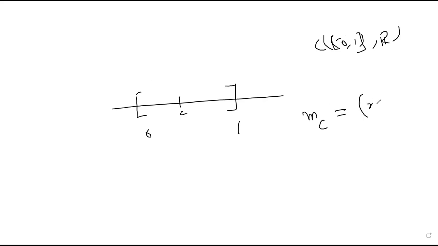Look at the compact space [0, 1], and then look at C[0,1], the ring of all continuous functions from [0, 1] to R. Take some point c and the corresponding maximal ideal M_c. One might guess that this ideal is exactly the principal ideal generated by x minus c. So the question is: is it true or not?